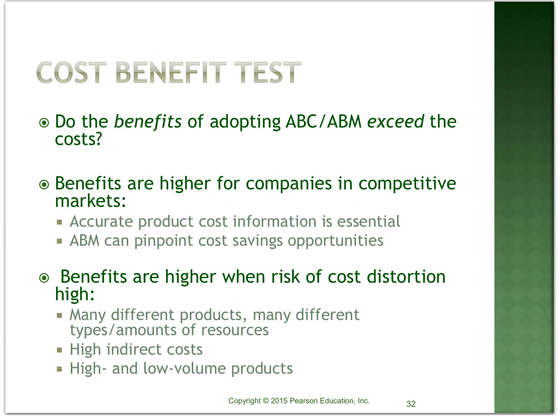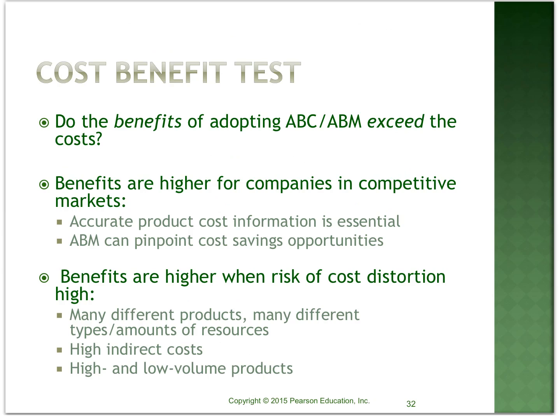Developing an activity-based costing system takes a significant amount of time and can be quite expensive. So, do the benefits of adopting activity-based costing or activity-based management exceed the costs? The benefits of adopting ABC/ABM are higher for companies in competitive markets because accurate product cost information is essential for setting competitive sales prices that still allow the company to earn a profit.